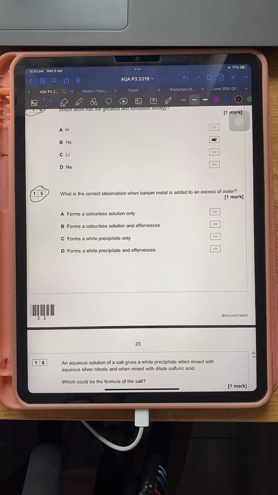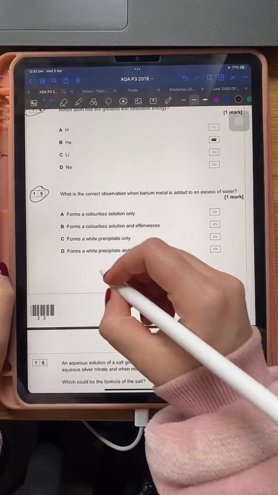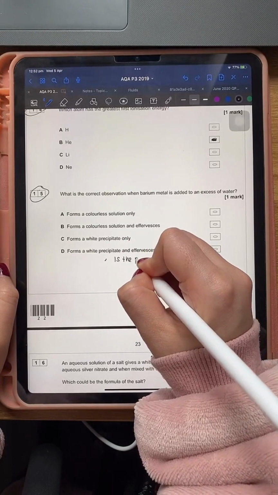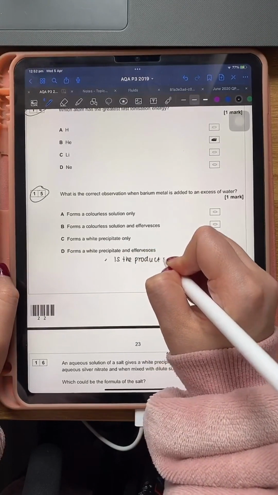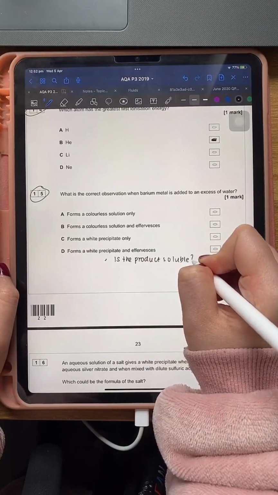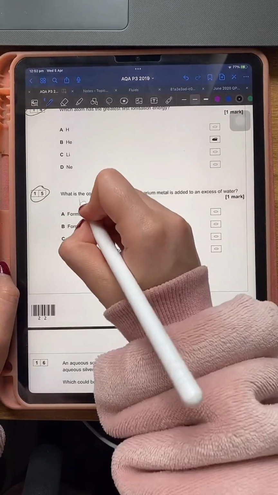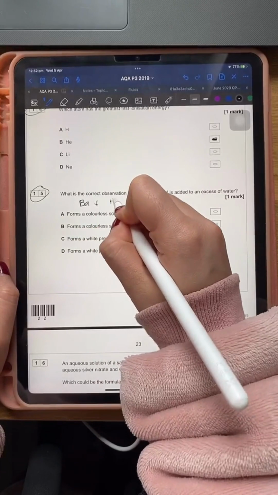The first thing you need to ask yourself is this. Is the product soluble? Barium plus water gives you BaOH2 plus hydrogen.